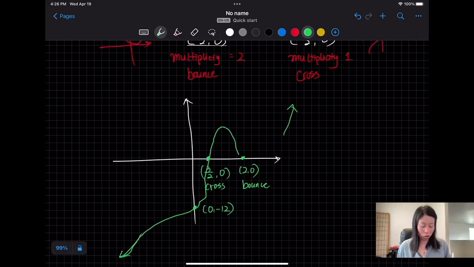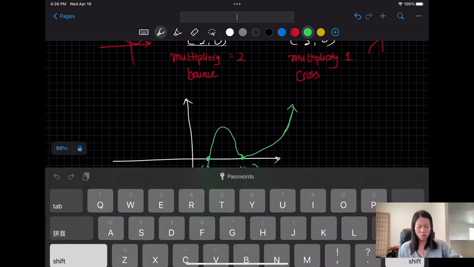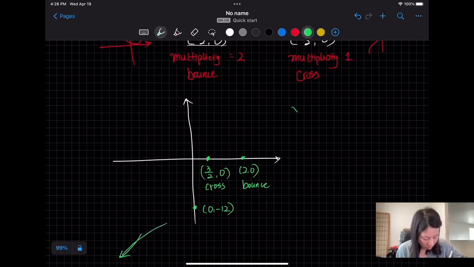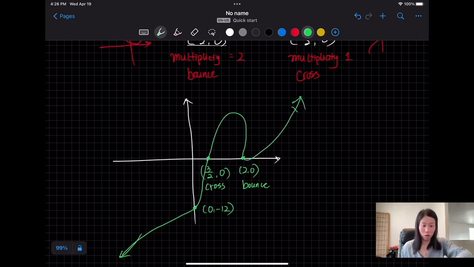Then come back, because you want to hit the second x-intercept. At the second x-intercept, you bounce and connect to the end of the function. So that's the graph of the function. Of course, you can draw something nicer and much more smoothly, with the cross looking something like that. So that will be the graph of this function.